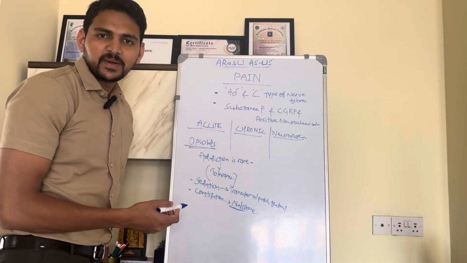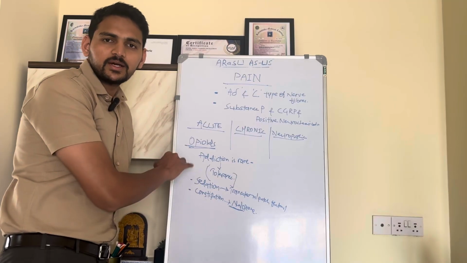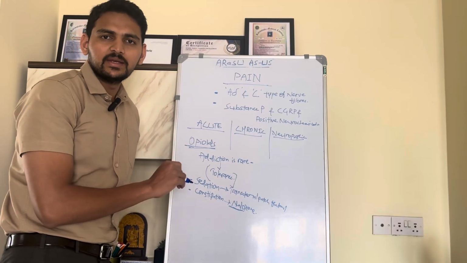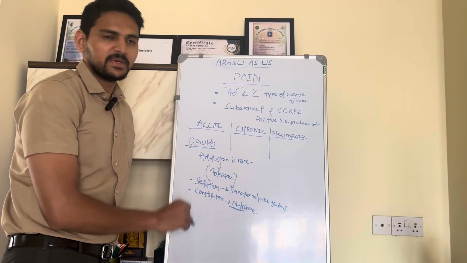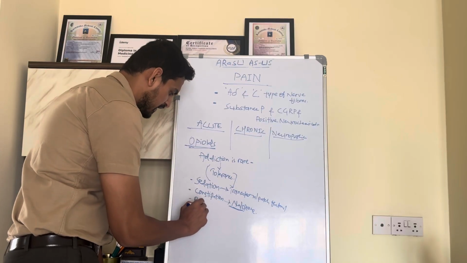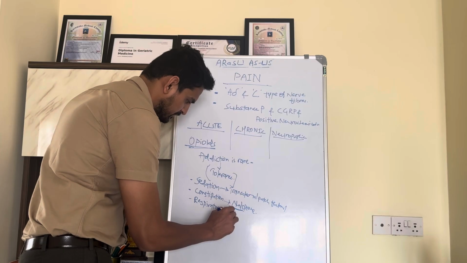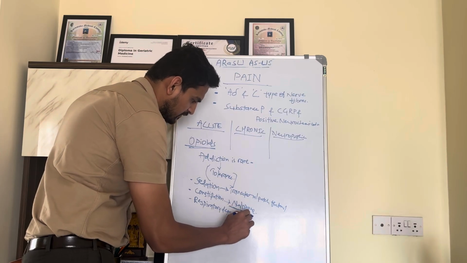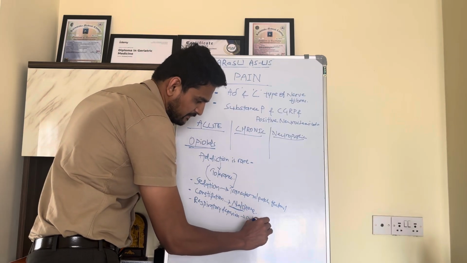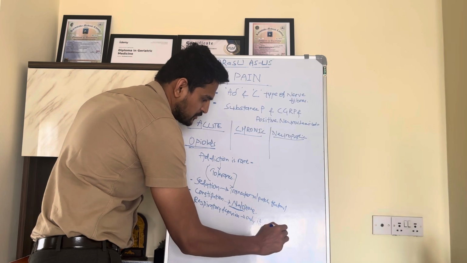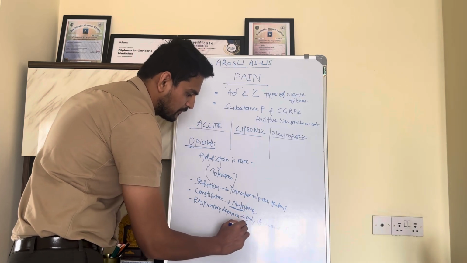Then what about respiratory depression? Usually respiratory depression will not occur with opioids unless we combine opioids with benzodiazepines. So respiratory depression occurs only if combined with benzodiazepines. Here we have to monitor the respiratory rate.